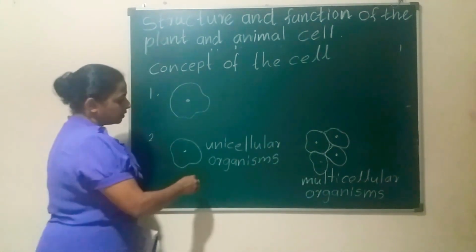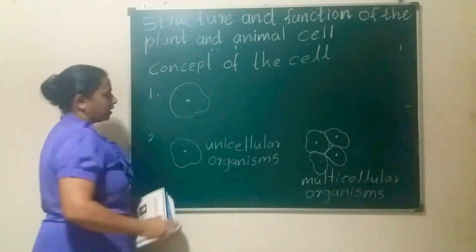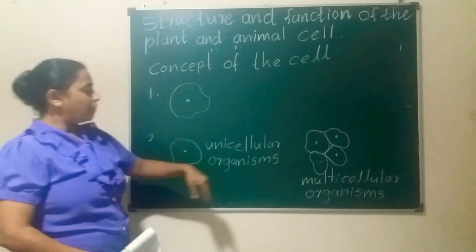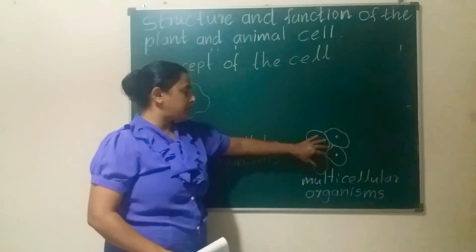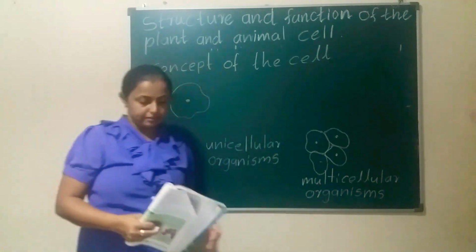Unicellular organisms have one cell, multicellular organisms have many cells.